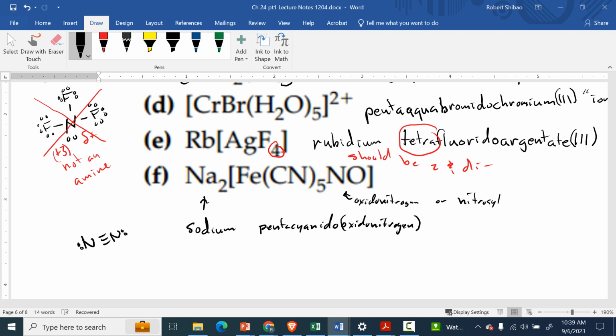And so to prevent confusion here, because we could have an oxide ligand, or we wouldn't call it oxide, we call it oxido. We have an oxido ligand and a nitrogen ligand, the neutral nitrogen molecule. To prevent that confusion, we're going to put this in parentheses here because that whole thing is oxidonitrogen. Another reason I don't like this name. One of the very common ligands is this: oxygen.